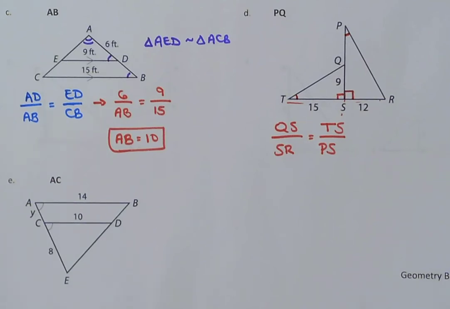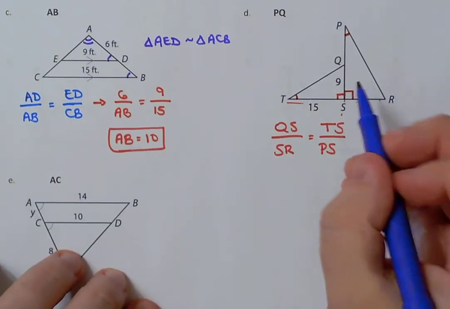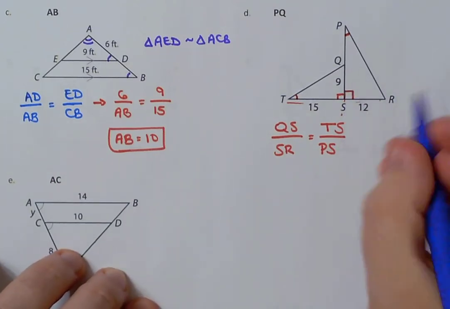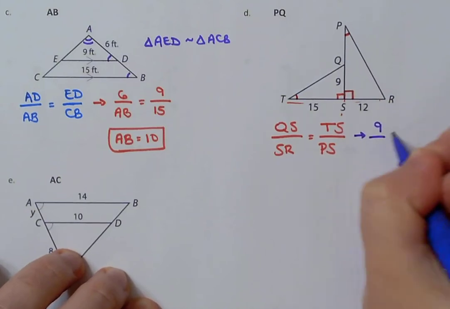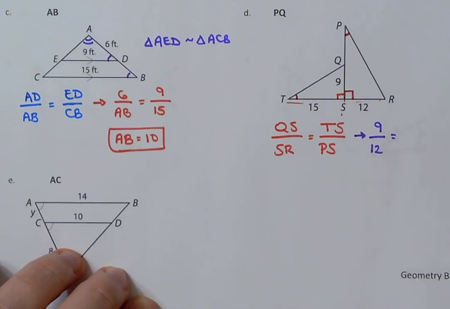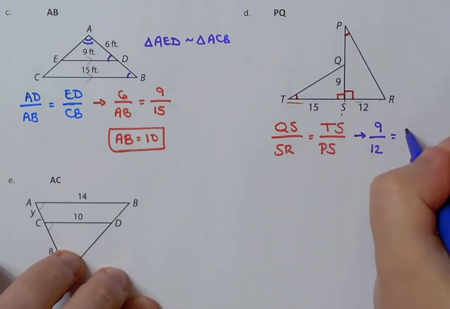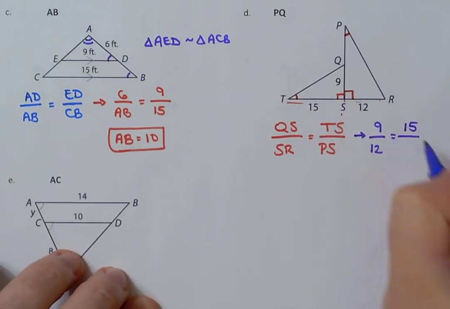Alright, so now that I have these parts set up, what we're going to do next is plug in our values. So we know that QS is 9, SR is 12, we know that TS is 15, and then we're going to figure out the length of PS.